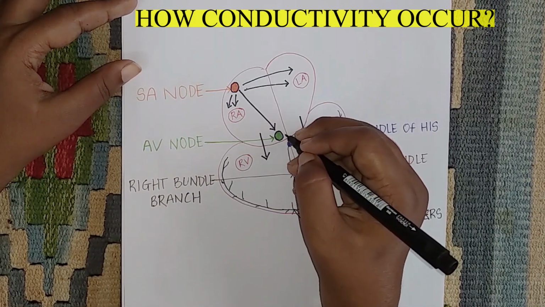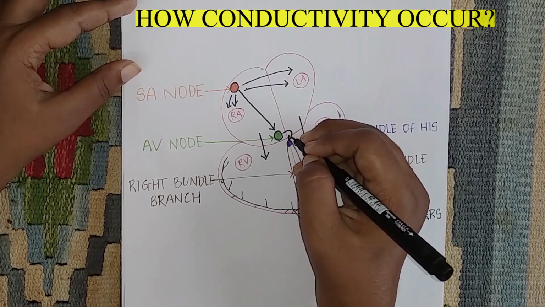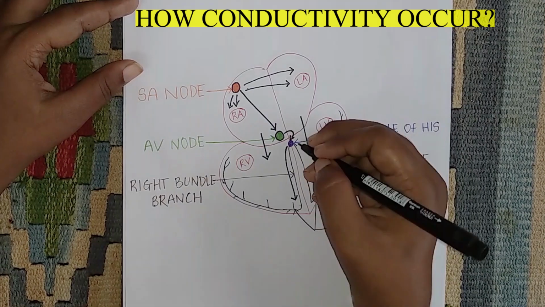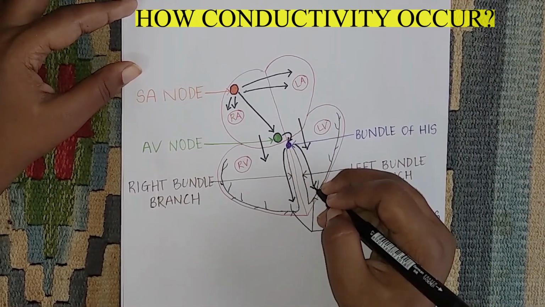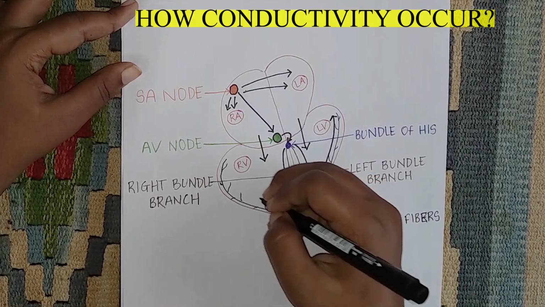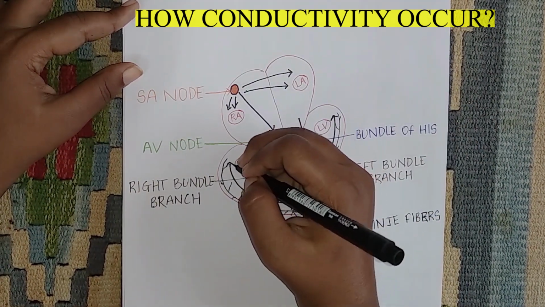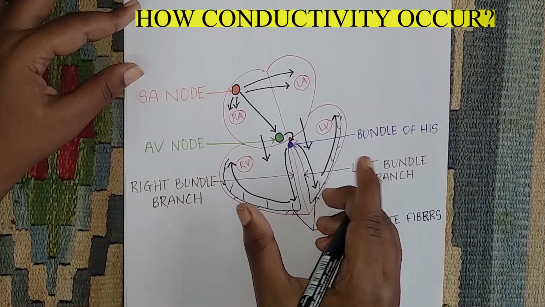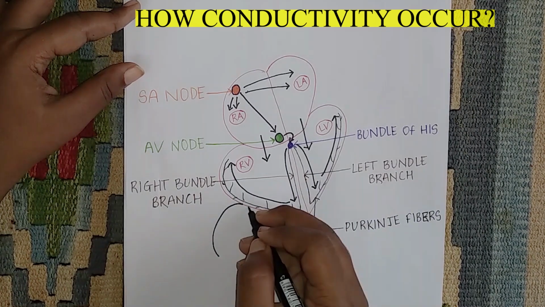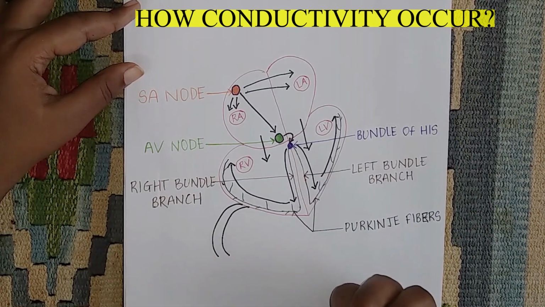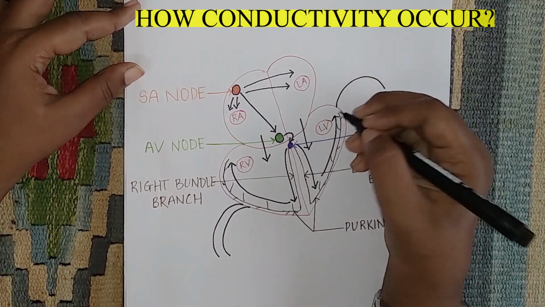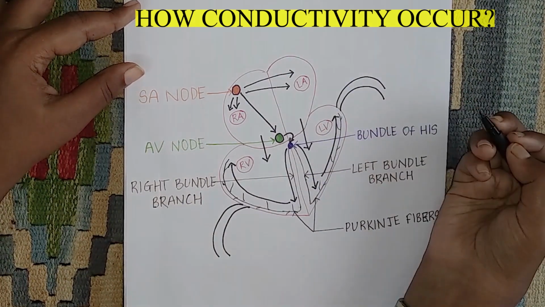The impulse from the AV node now gets transferred to the bundle of His, then to the right and left bundle branches, and then to the Purkinje fibers, which are present all over the ventricular myocardium, which leads to the contraction of the ventricles so that the blood from the right ventricle goes to the lungs for purification through the pulmonary artery, and from the left ventricle it's supplied to all parts of the body through the aorta.